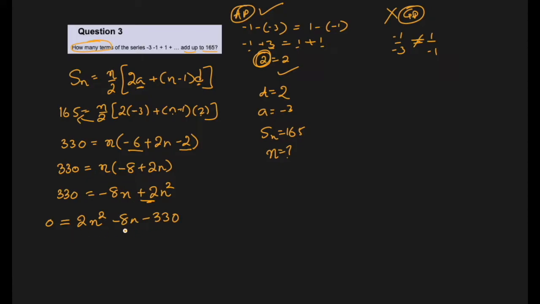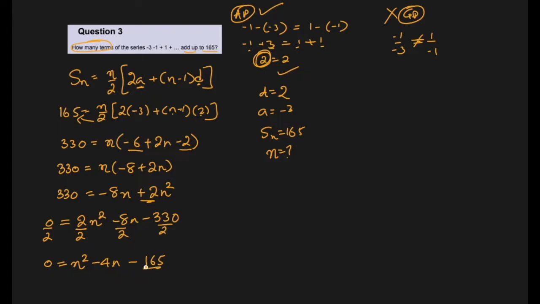And this is our quadratic. Let's make it simpler by dividing everything by 2, so that we don't get such a big number. So 0 is equal to n square minus 4n minus 165.